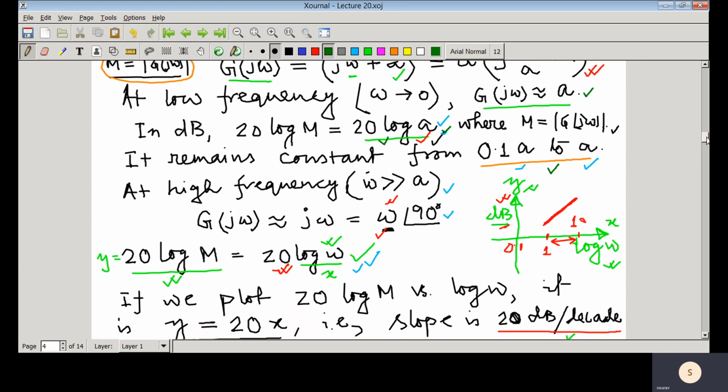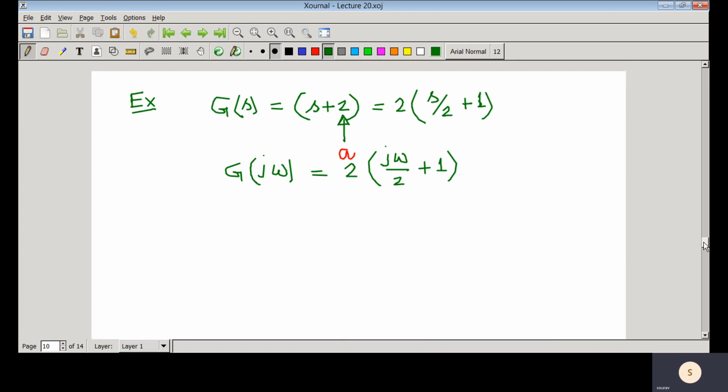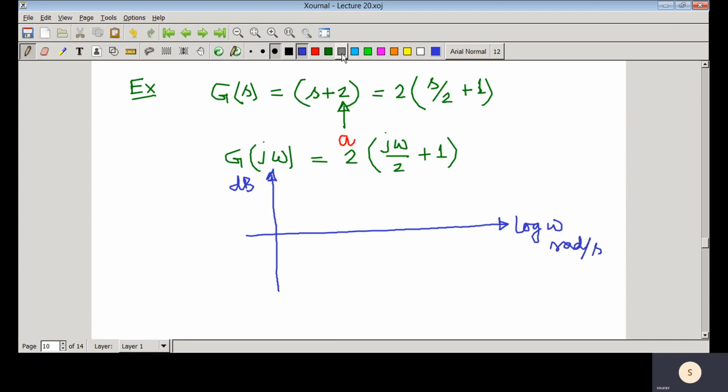So then if we plot that, what do we get? We are just drawing the asymptotic Bode plot, and here we have log omega, in rad per second, and here we have dB.